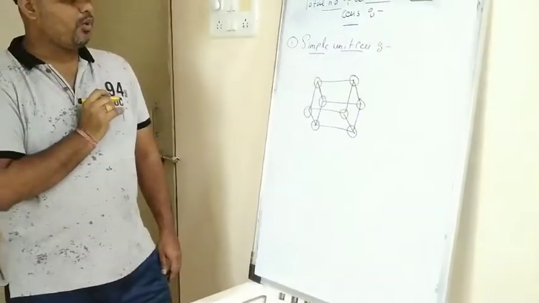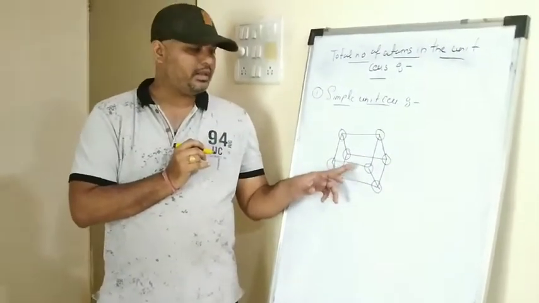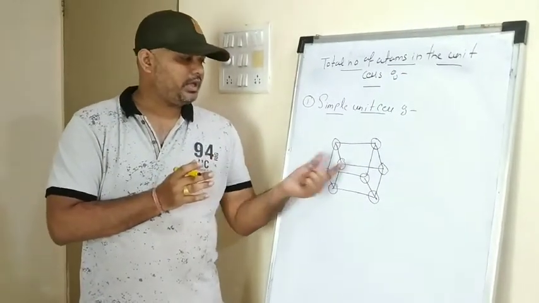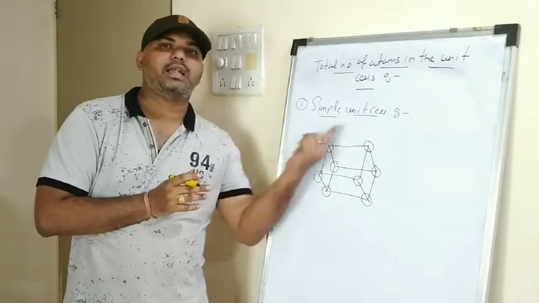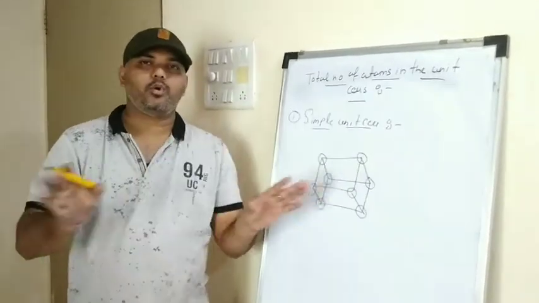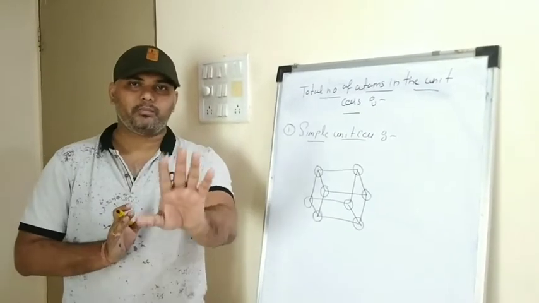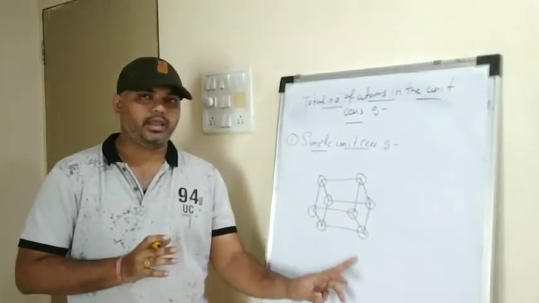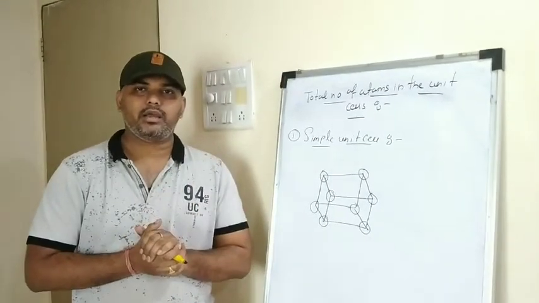As there is no presence of a particle in the center or at the faces, there will be only 8 particles at the corners. There will be no face centered particle and no body centered particle. So how many particles are there? 1, 2, 3, 4, 5, 6, 7, 8. Only 8 particles at the corners.